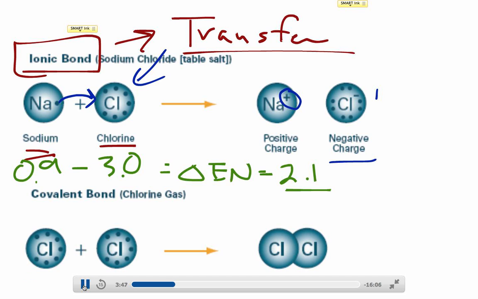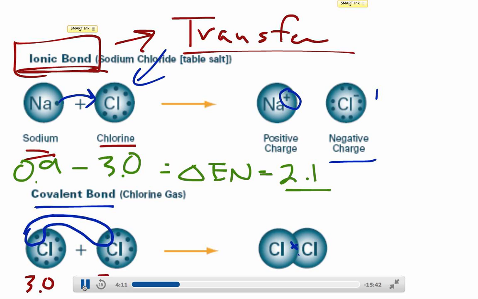If we look at chlorine and chlorine, they're both chlorine, so they both have an electronegativity of 3. So they both have an equal pull on that electron. When that happens, we do not have an ionic bond because there's no electrons actually transferring. We have what's called a covalent bond. Instead of transferring that electron, these 2 elements will end up sharing 1 pair of electrons, a shared pair, which is a covalent bond.